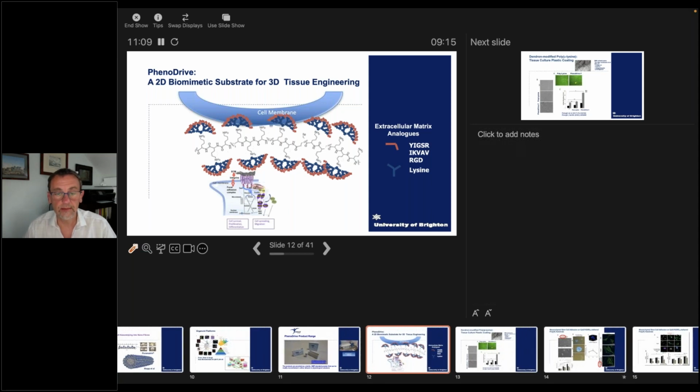And the technology is based, in a nutshell, on what you can see in these diagrammatic pictures, whereby PhenoDrive is based on the functionalization of various linear polymers with a hyperbranched structure.